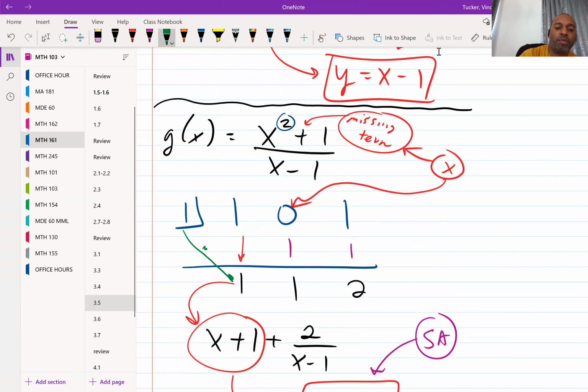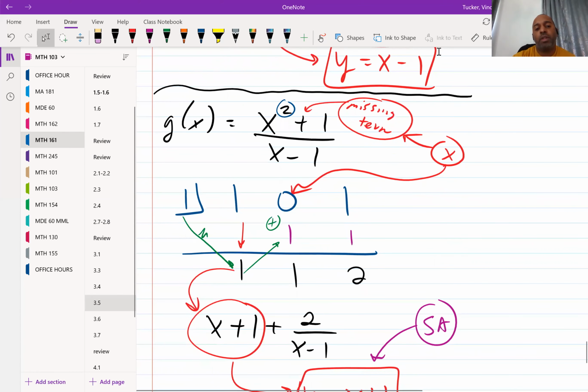1 times 1. Remember, that's multiplication for that part. And then you take that value right there. So 1 times 1 is 1. 0 plus 1 is 1. Then 1 times 1 is 1 again. And then 1 plus 1 is 2.